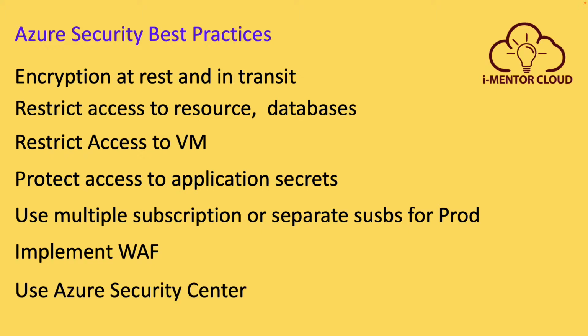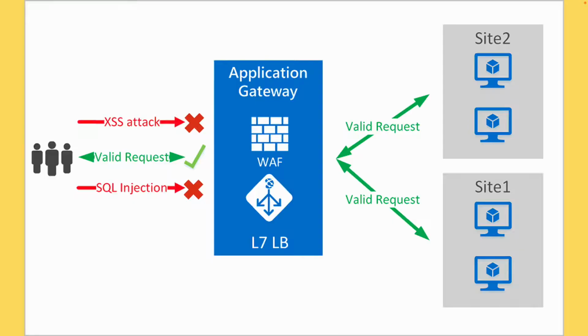And finally is Azure Security Center. Before I get into that, let me show you the WAF. So here's the WAF basically. So cross-site scripting and SQL injection, as you can see, there is a layer 7 load balancer behind the WAF. So a request comes to your application, which is WAF, and from there it's working as a load balancer, and you can literally send your requests to different sites depending on how you configure the load and everything.